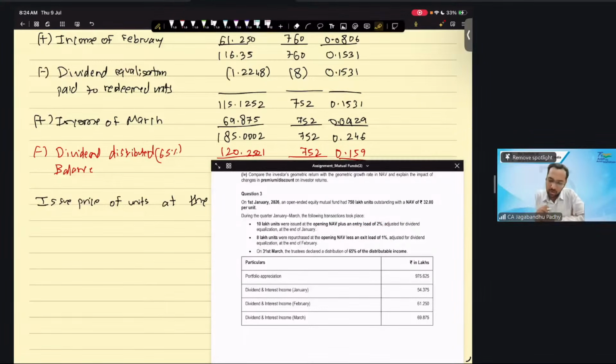Opening NAV is of course going to be the same, 32, with an entry load of 2%.